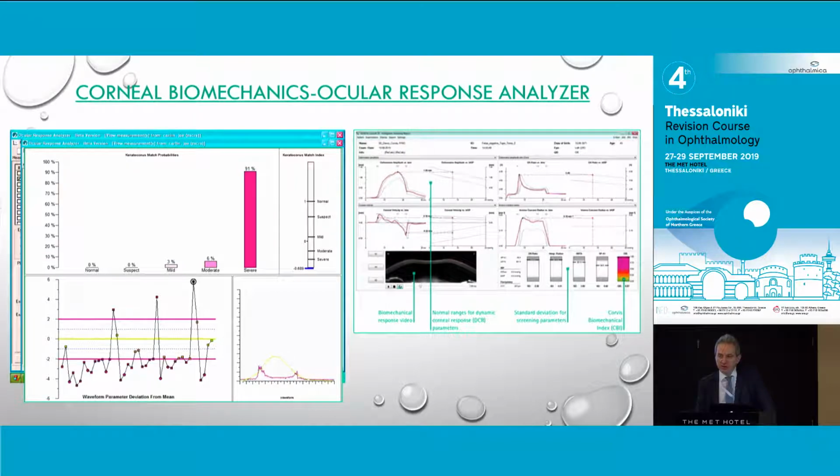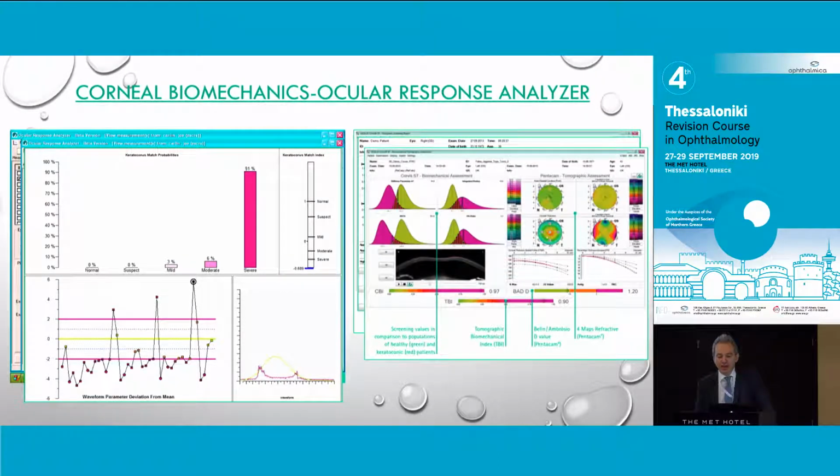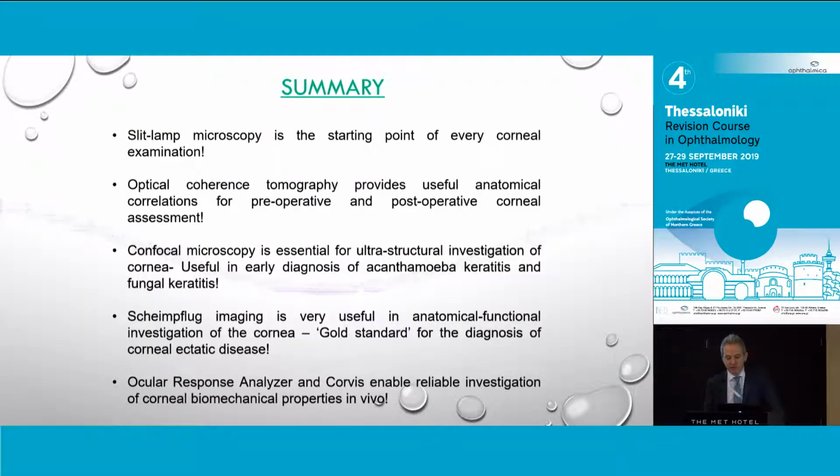And with Corvis, we have a huge amount of data that we get from the machine, and they are all integrated in a metric, an index, the Corvis Biomechanical Index, telling us actually if the cornea is behaving as a normal cornea or as an ectatic cornea. And it's very useful as an adjunct diagnostic tool in cases where we have corneas lying somewhere in a gray zone between normal and ectatic, so before planning any refractive procedure.